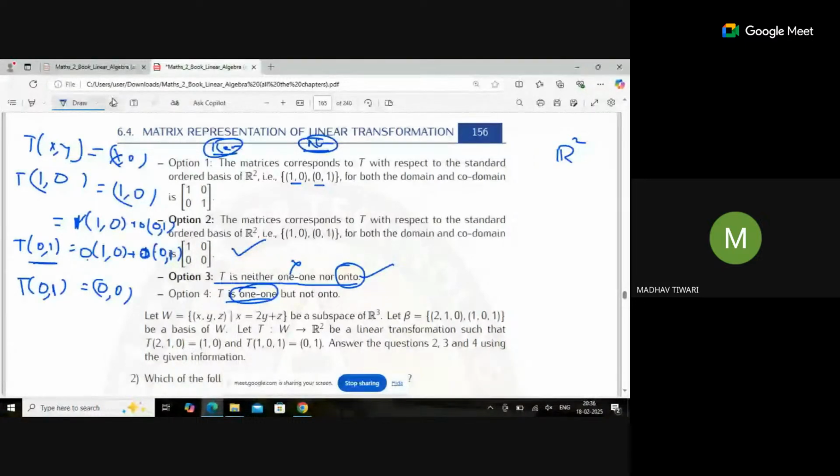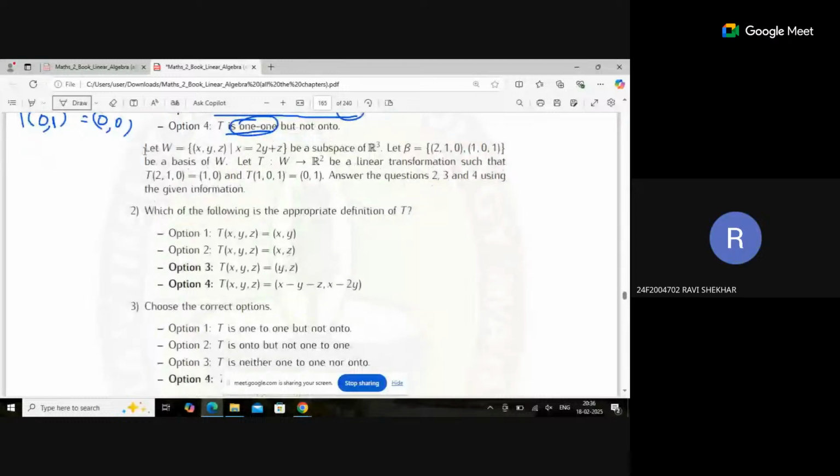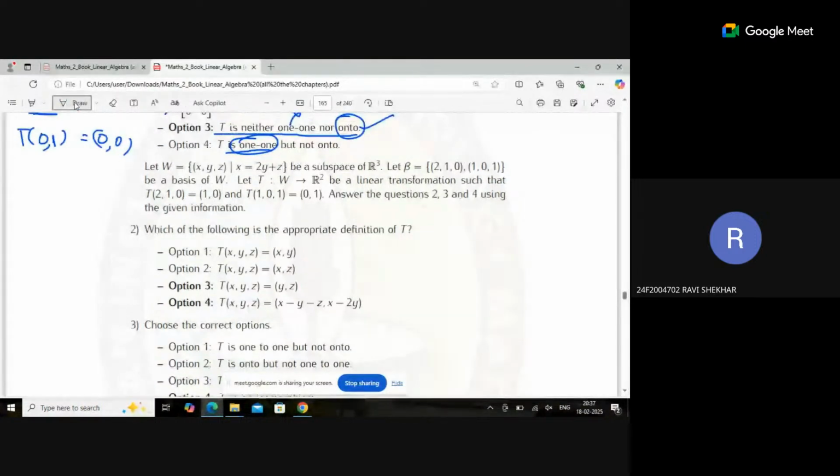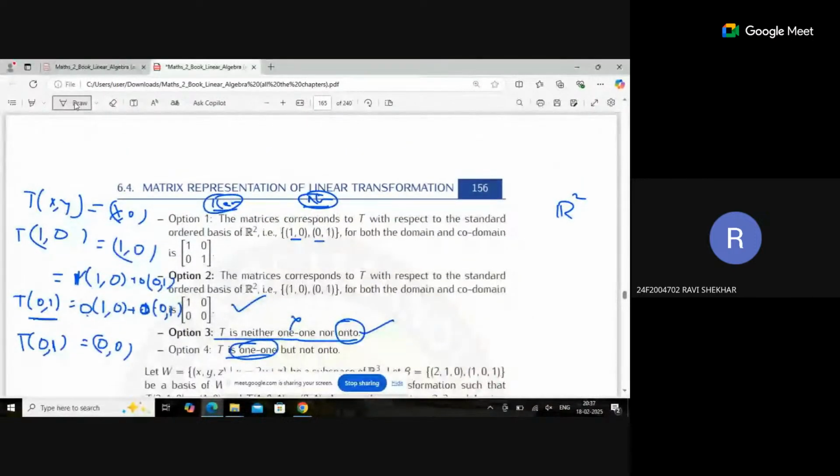Now next question, let's see. A student asks: in the last question, you made some inference about the kernel space, can you repeat that? Basically, if the kernel or null space has only the zero vector, its nullity is zero.